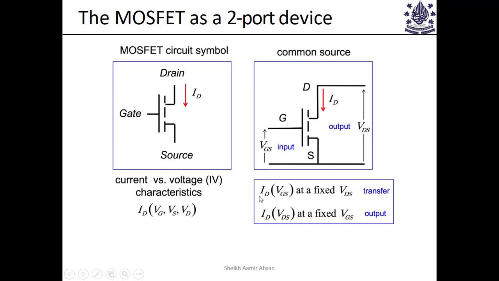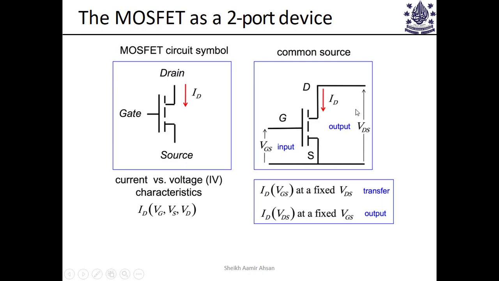In this case, current is seen as a function of gate to source voltage for some fixed VDS value, and these are called transfer characteristics, because we are measuring IDS, the drain to source current, as a function of gate to source voltage. So it is an output quantity as a function of some input quantity. Therefore, these are called transfer characteristics.